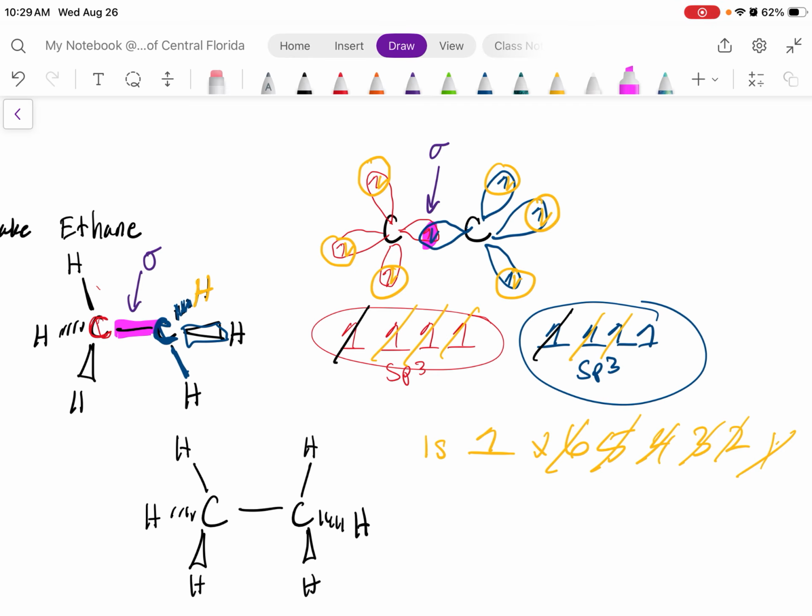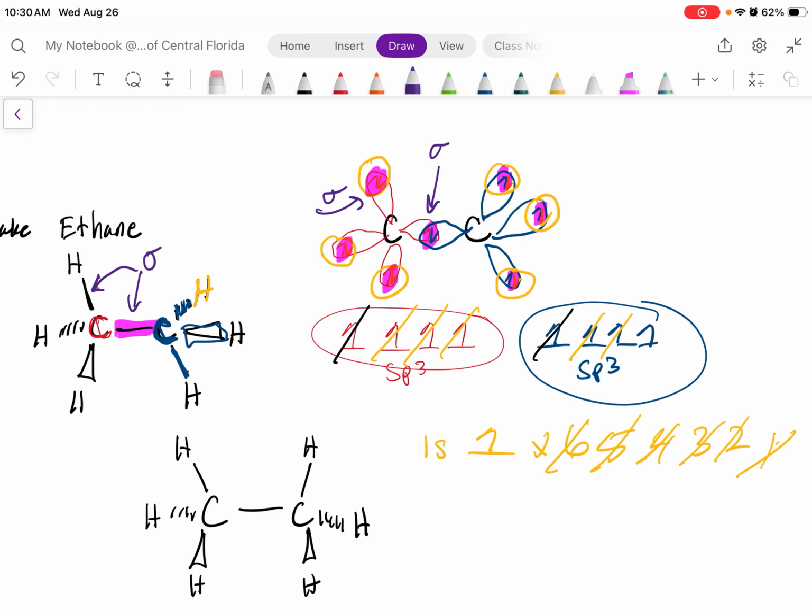And those also have head-to-head orbital overlap, making those bonds, or those interactions, sigma as well. So those are sigma. So all the bonds in ethane are sigma bonds. They're all covalent bonds because we're sharing electrons.